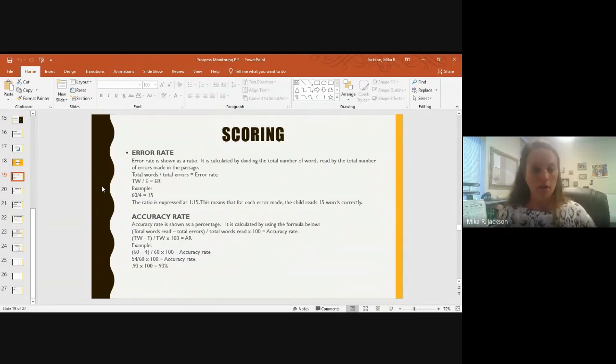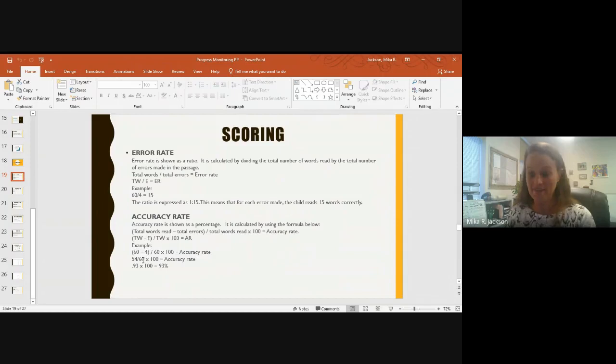Not too bad. And then your accuracy rate, you want to do 60 minus 4 and then divide by 60. So that number 54, well, it should be 56. That's embarrassing. So I'll do the math really quickly.